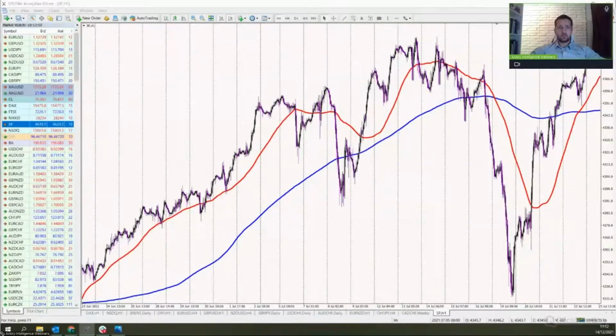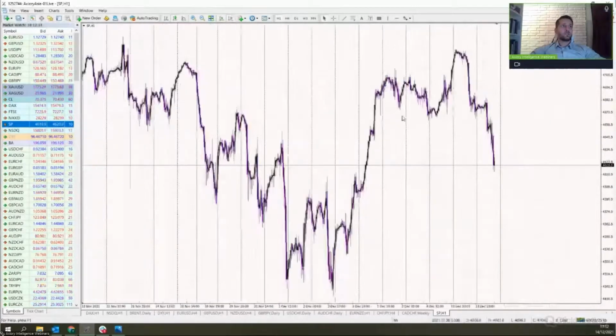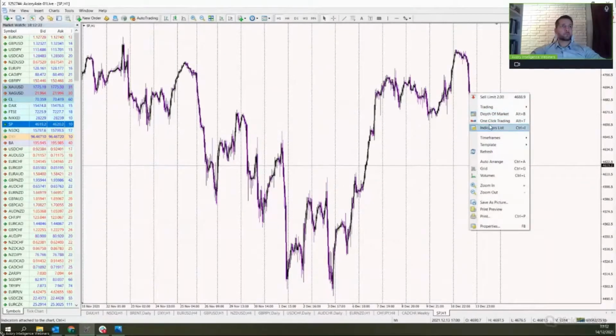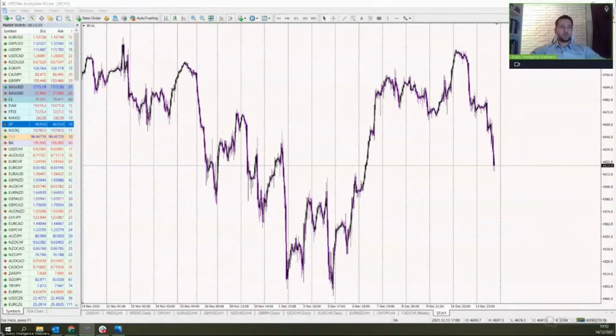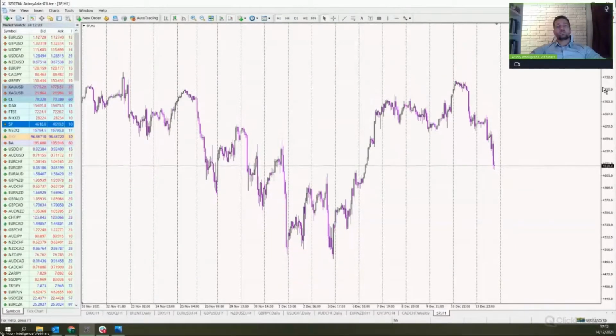Now let's move on to oscillators, because this is an indicator. Okay, indicator, last moving. So I told you that moving averages work excellent in trends.